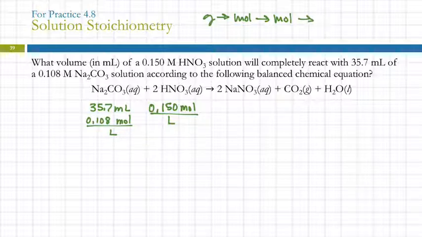You can't use M1V1 because there's no dilution. We do not want to use M1V1 equals M2V2 here because we've got two different compounds. And so that tells me I'm not just diluting a solution. I am changing one thing into another.